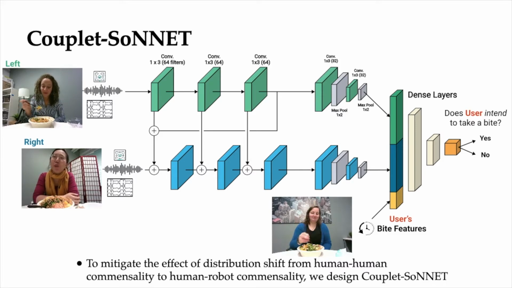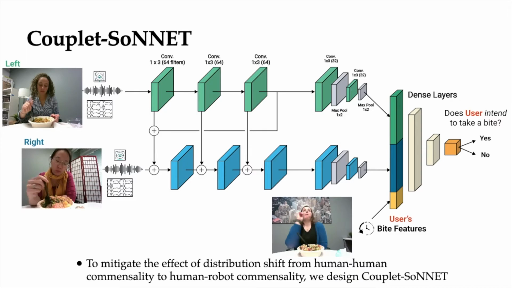We want to transfer bite timing predictions learned from human-human commensality cues to human-robot commensality scenarios, so we designed CoupletsOnIt, a variation of TripletsOnIt. Here, we entirely ignore most of the features from the user, looking only at the user's bite features. More details on these models and baselines are in the paper.